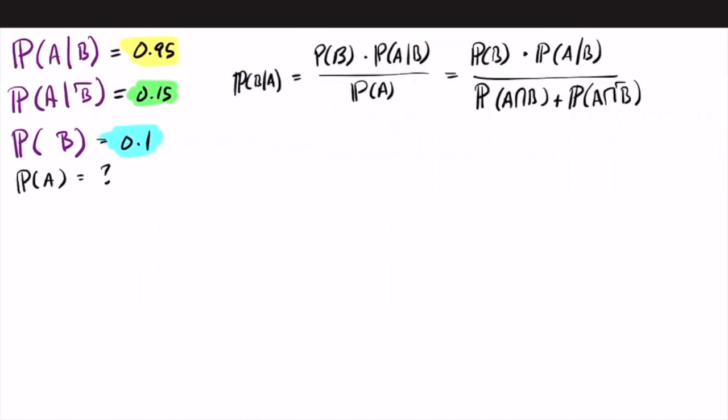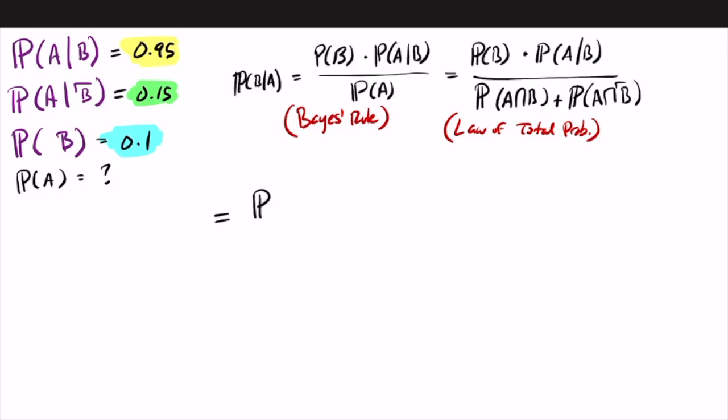But yeah, unfortunately for us, we don't have either of these as well. However, now we can use the multiplication rule. So this was Bayes' rule, and then this was the law of total probability. And now we can go ahead and use the multiplication rule.